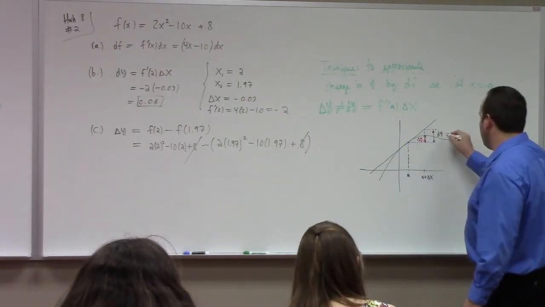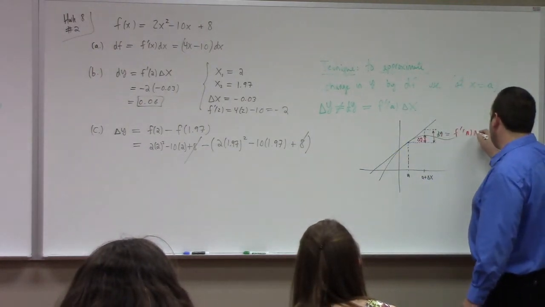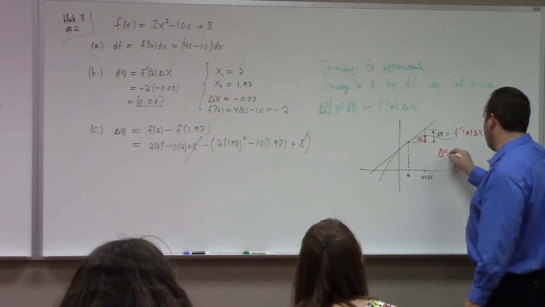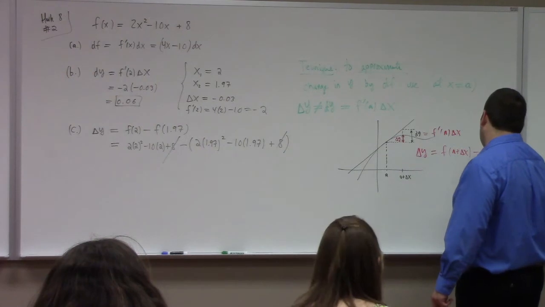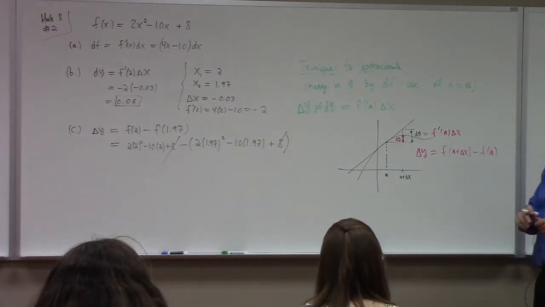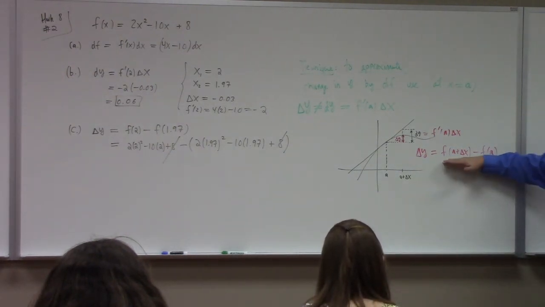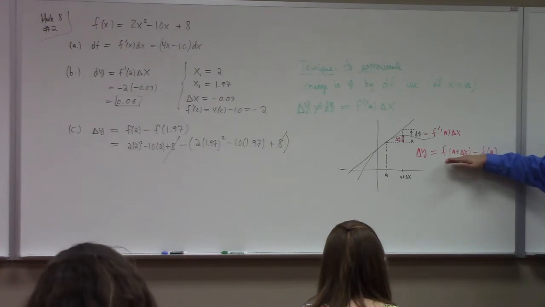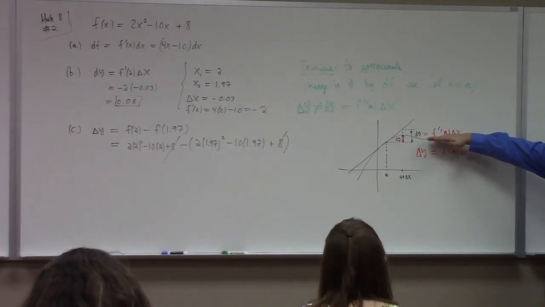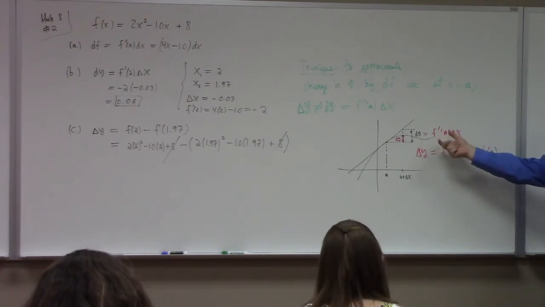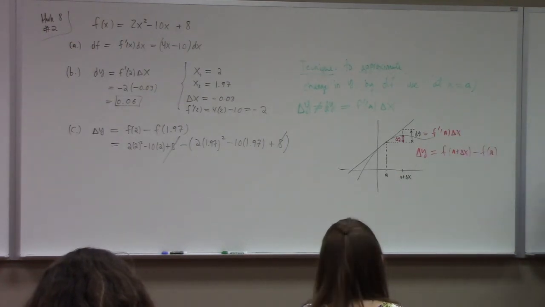So again, dy would be f prime of a times delta x, whereas change in y would actually be f of a plus delta x minus f of a. And these are different things. That's the honest-to-goodness difference in the function between the 2 points. This is an approximation to the difference built on just multiplying the change in x by the slope of the tangent line.